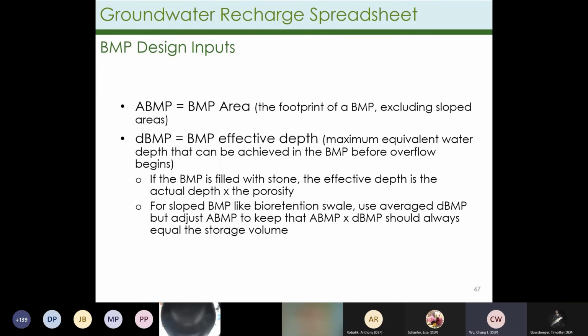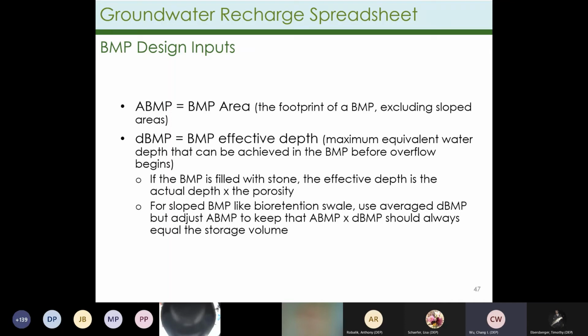On the second page, there are other inputs. The ABMP is the BMP area. That is the footprint of the BMP, excluding the slope area. And the DBMP is the BMP effective depth, the maximum equivalent water depth that can be achieved in the BMP before overflow begins.